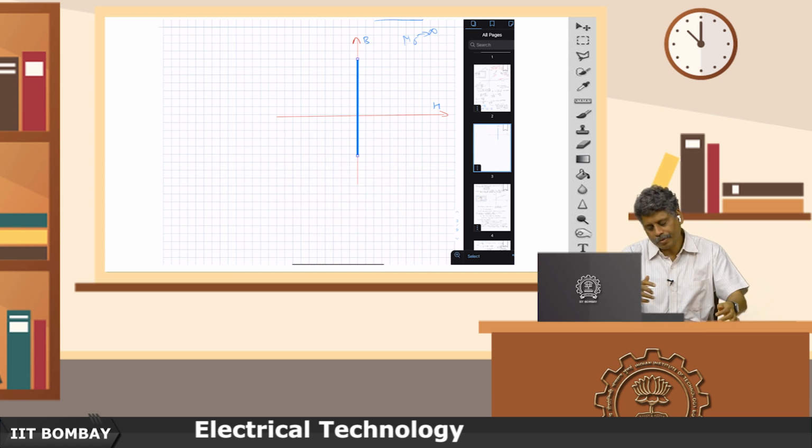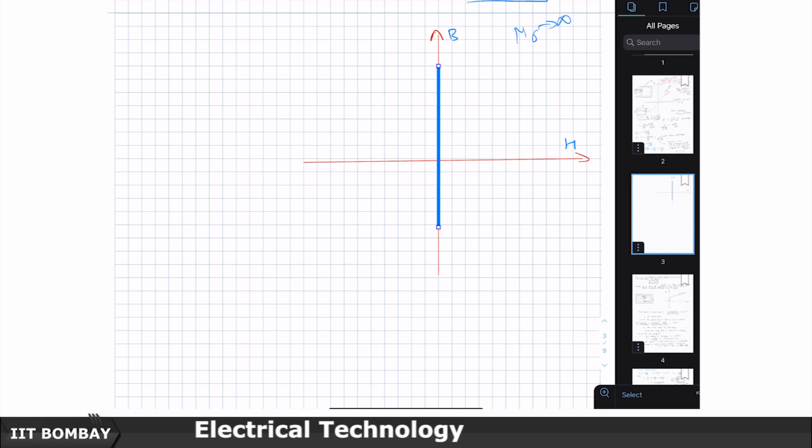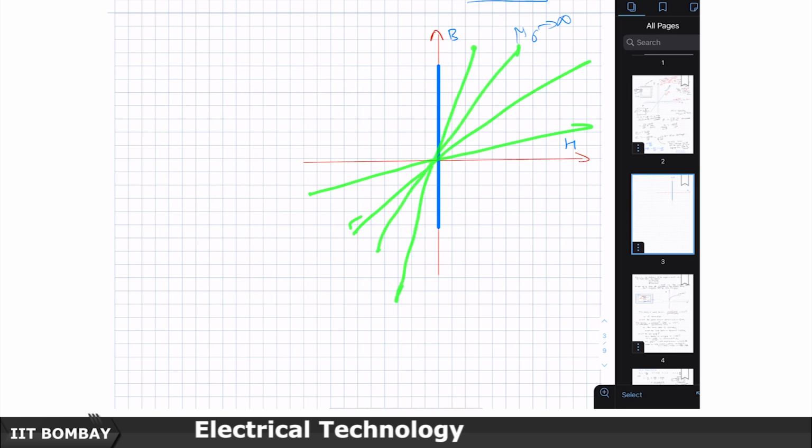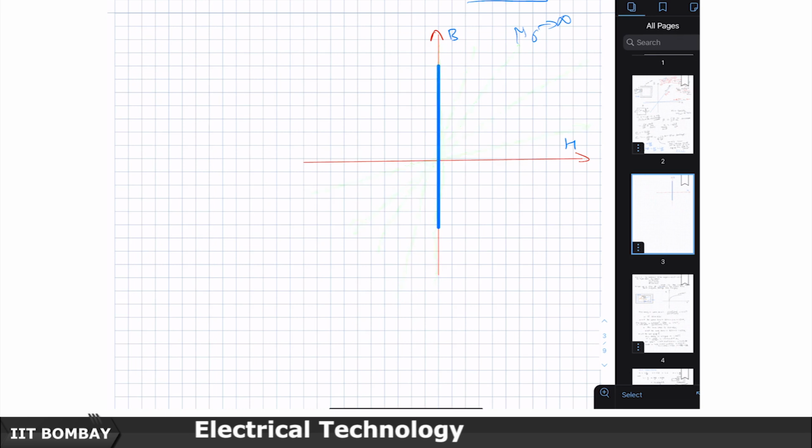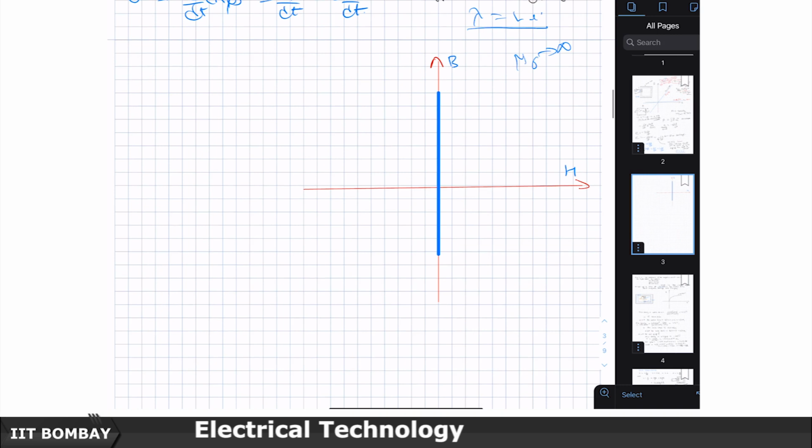Then as mu r keeps increasing, this is your original line. Now you increase mu r further, and further, and finally it will come parallel to this line. So in a very idealized situation, mu r will tend to infinity, and the BH curve will become just a vertical straight line.